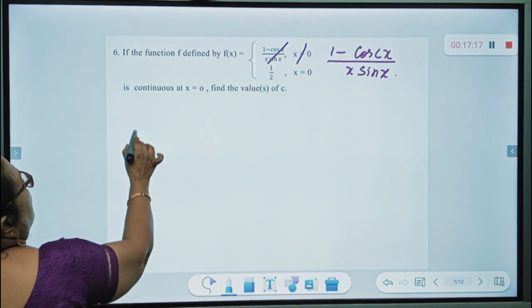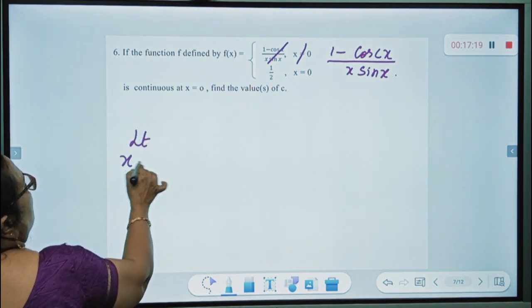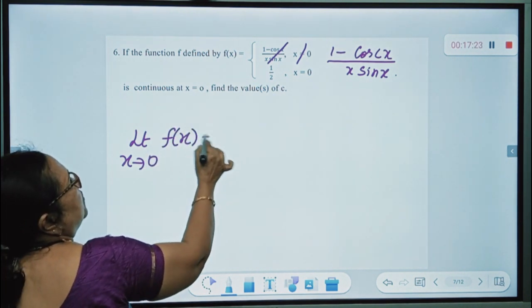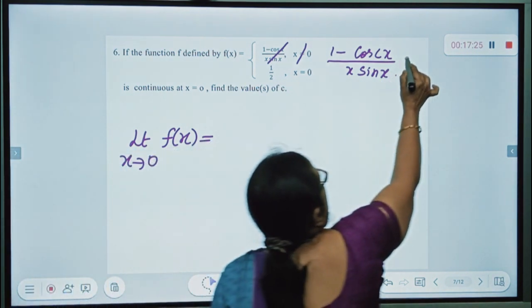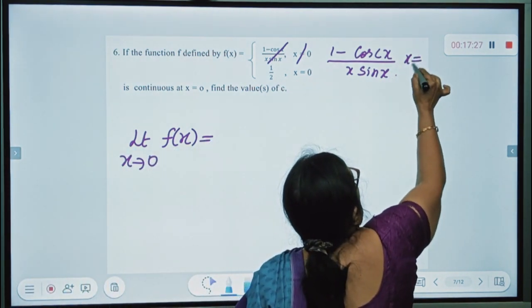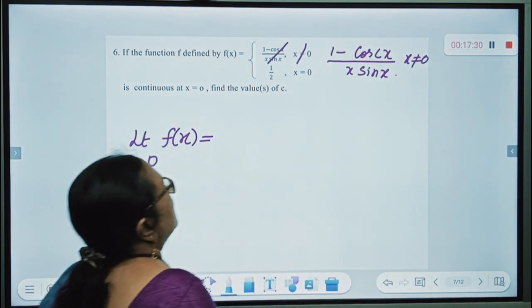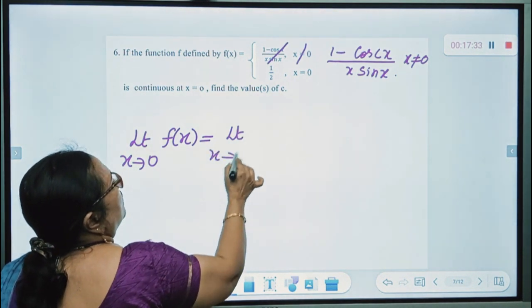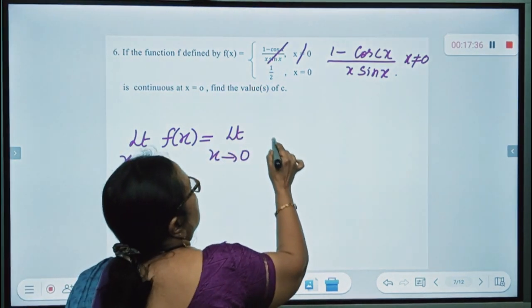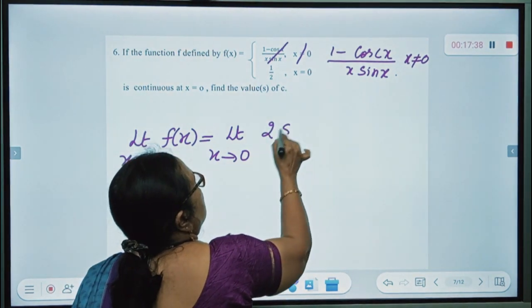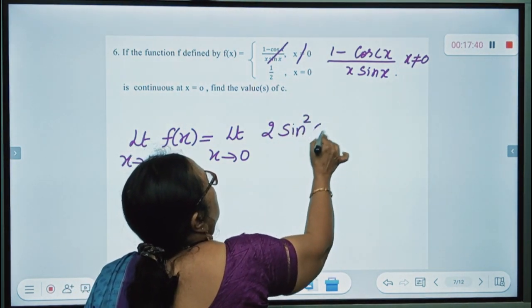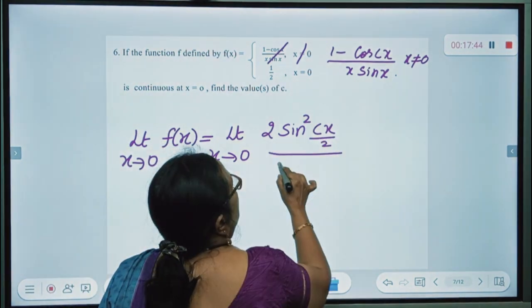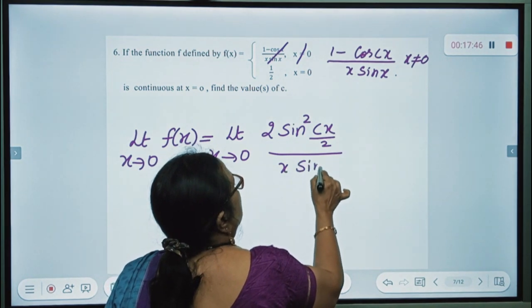Okay, now limit x tends to 0 of f of x will be, this is whenever x is not equal to 0. So this will be limit x tends to 0. What will be 1 minus cos cx? 2 sine square cx by 2 divided by x sin x.